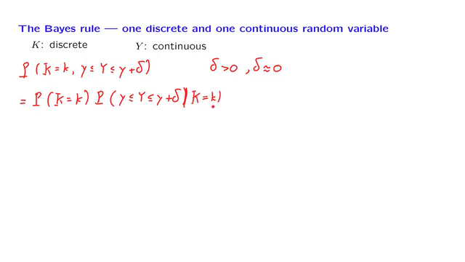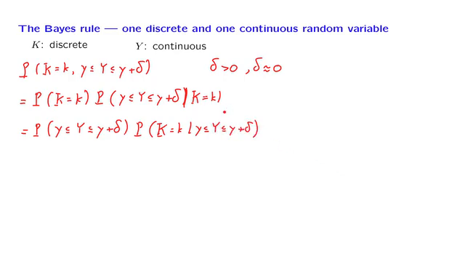But we know that we can use the multiplication rule in any order, so the probability of two events happening can also be written as the probability that the second event occurs times the conditional probability that the first event occurs given that the second event has occurred. So these two expressions that we obtain from the multiplication rule have to be equal.